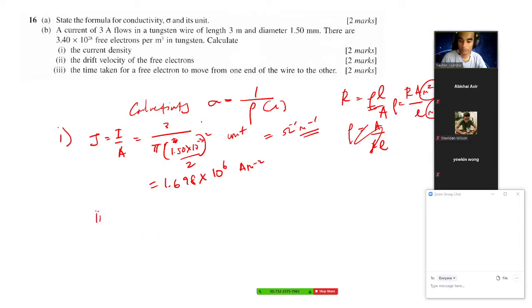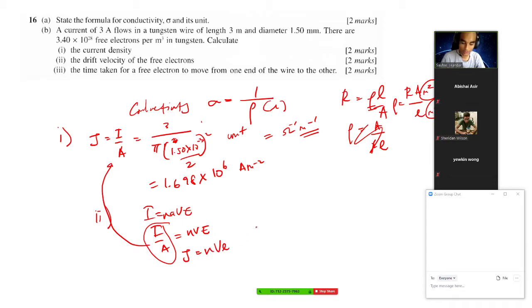And number 2, the drift velocity of free electrons. Remember that I equals nAve, and I over A equals nve. I over A is actually J. So J equals nve, and we want to find v here. So v equals J over ne.